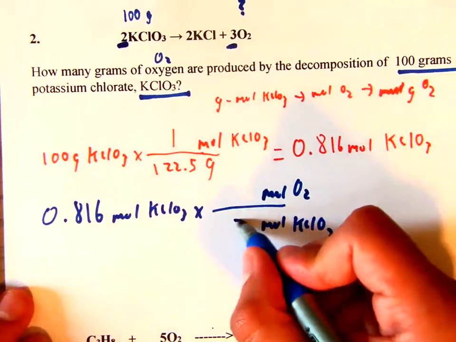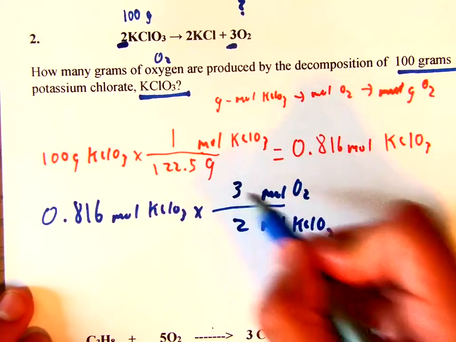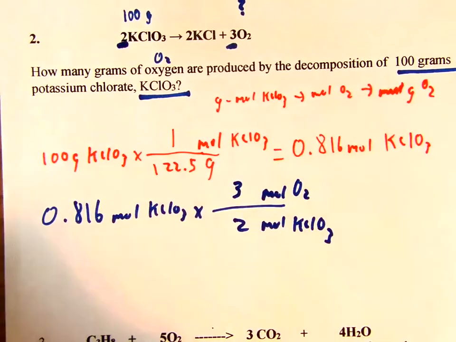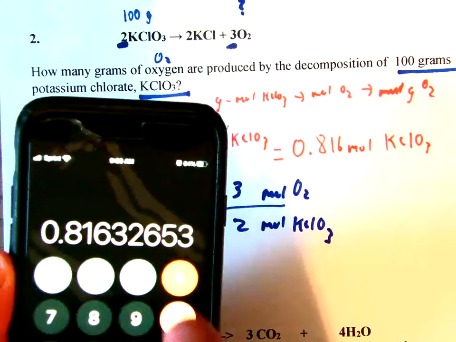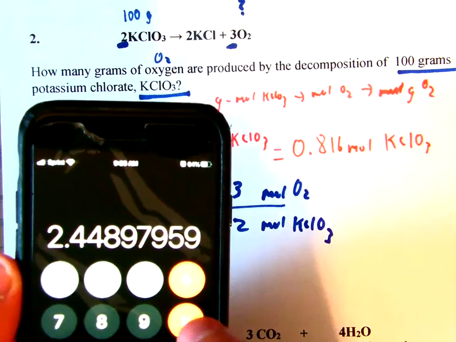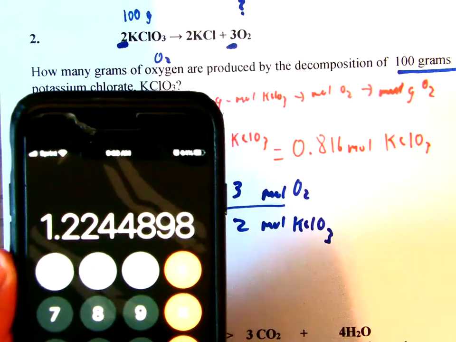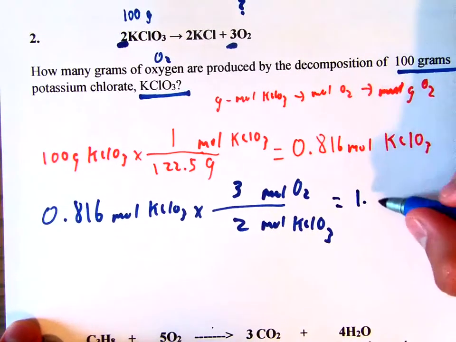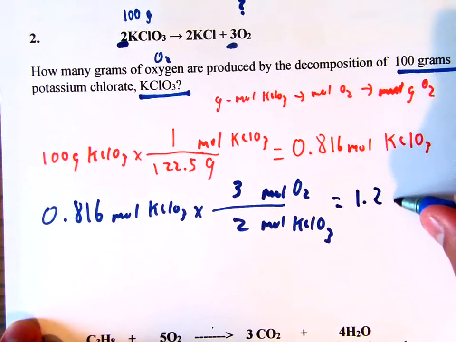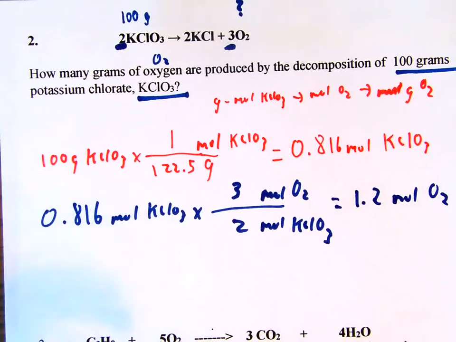So I multiply this times 3 divided by the bottom, which is 2, and let's round to the first decimal: 1.2 moles of oxygen.